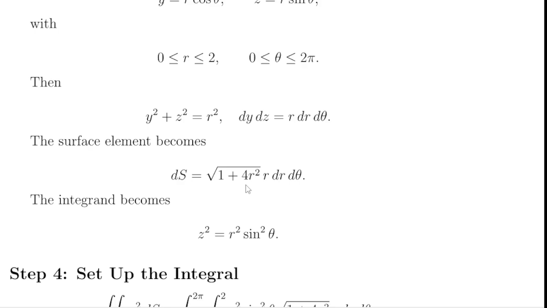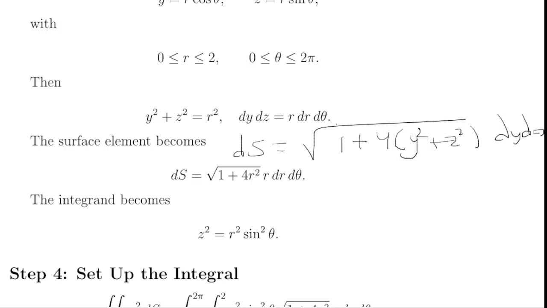Now we replace. The surface element was the square root of 1 plus 4 times y squared plus z squared, dy dz. Recall we said y squared plus z squared is r squared, and dy dz is r dr d theta.